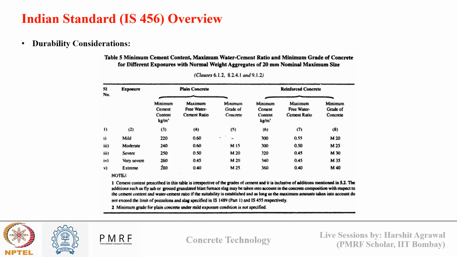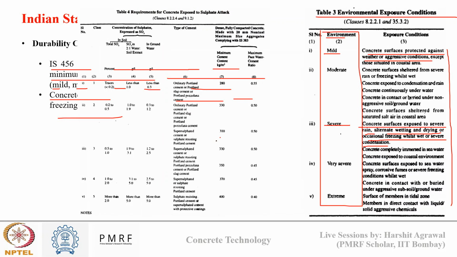So for example, suppose I am talking about constructing a residential building near a seawater shoreline, where concrete will get exposed to seawater sprays. Since seawater is rich in chlorides, as per my Table 3, my structure will come in exposure class very severe. So you can see concrete structure exposed to seawater sprays comes in the very severe category.